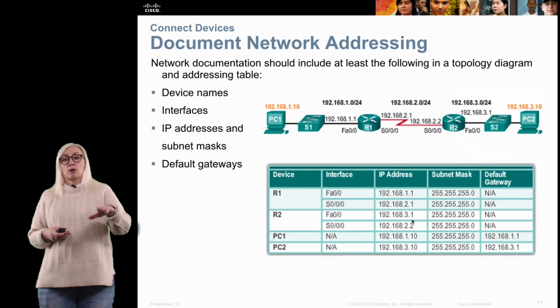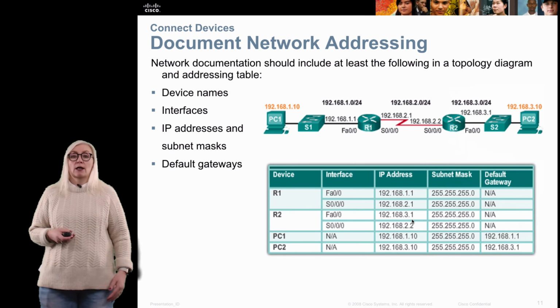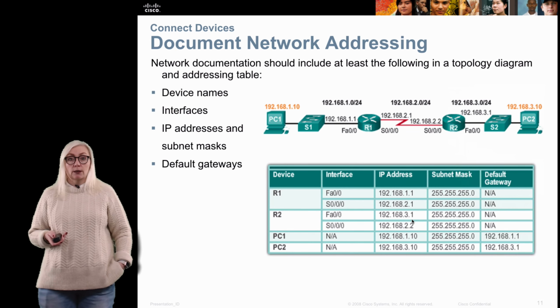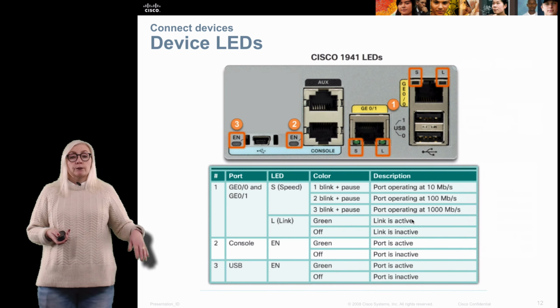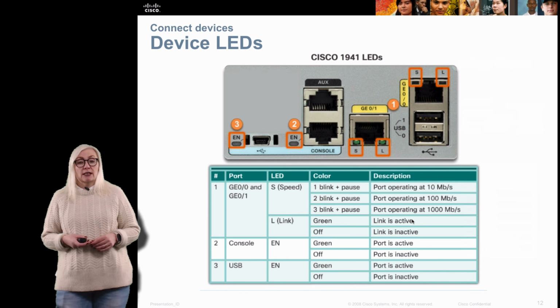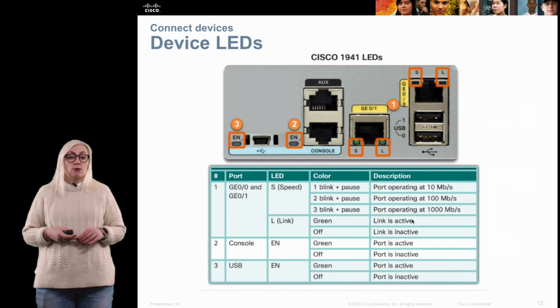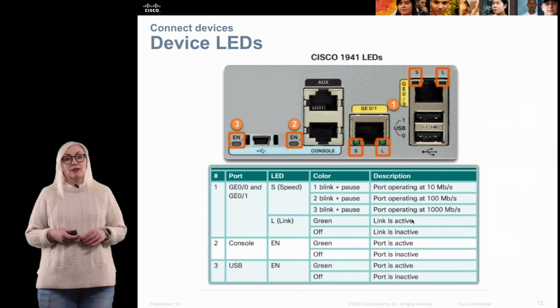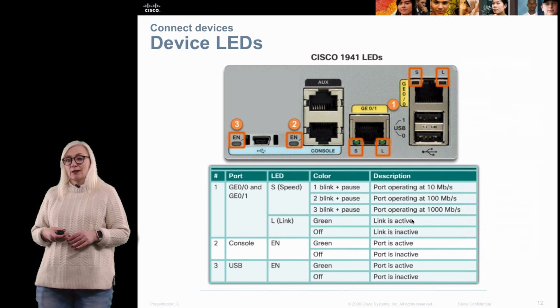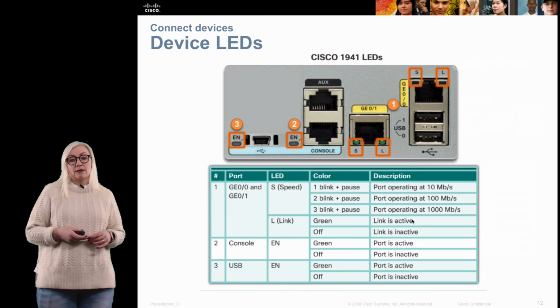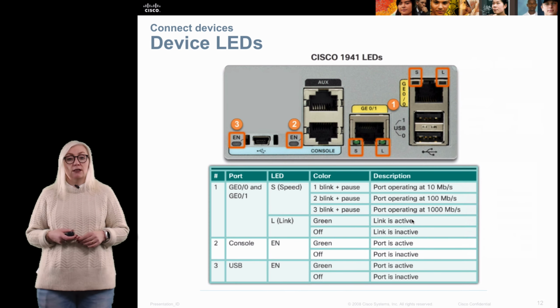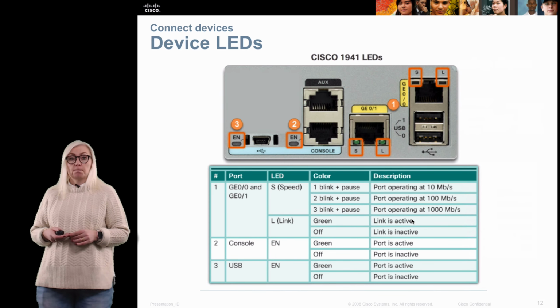And of course, we could document what kind of default gateway we're using. When you have set up your router and it's running, you will see that there are different LEDs on the back side where you can see if there is activity on the different interfaces.